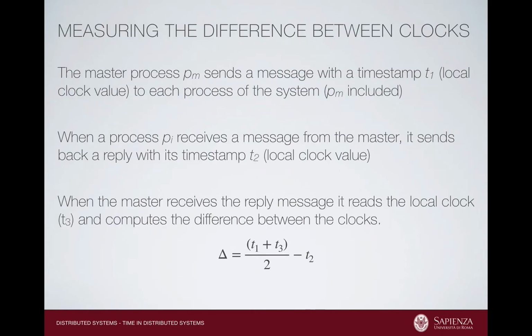The algorithm works in this way. Periodically, the server sends a request of time to each client, and they timestamp locally when this request is sent. When a client receives a request of time from the server, it replies and it sends its timestamp.